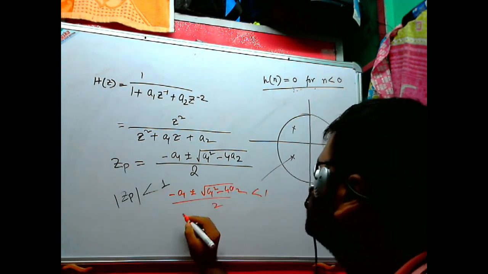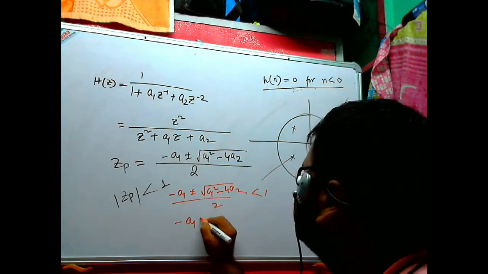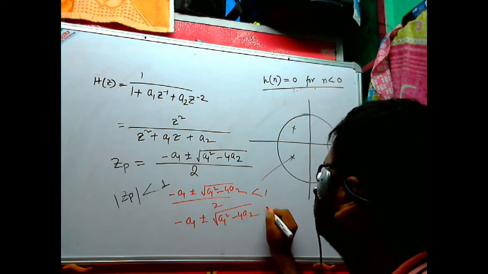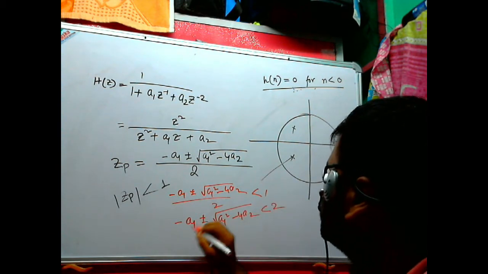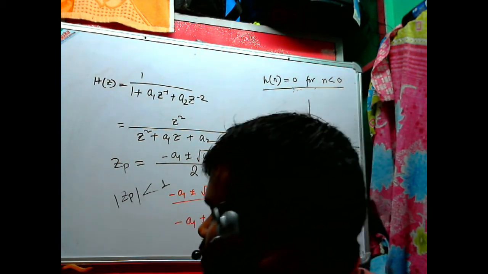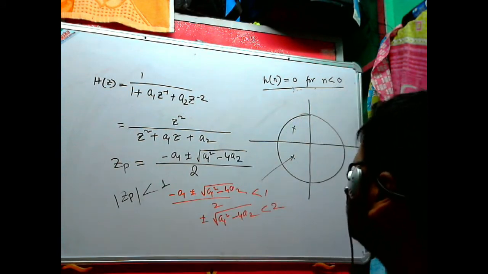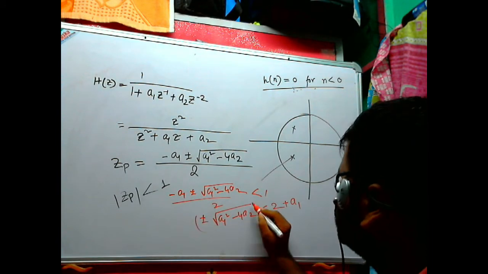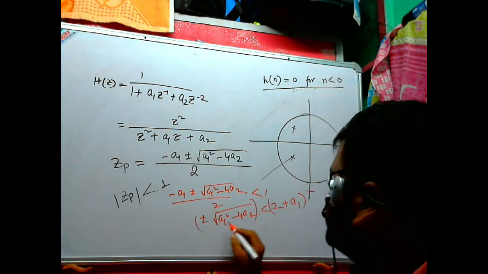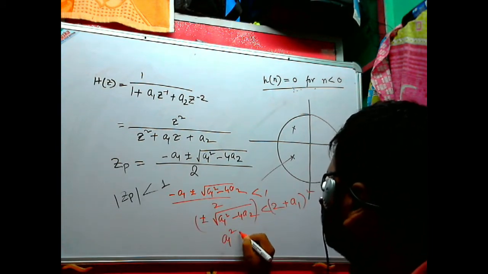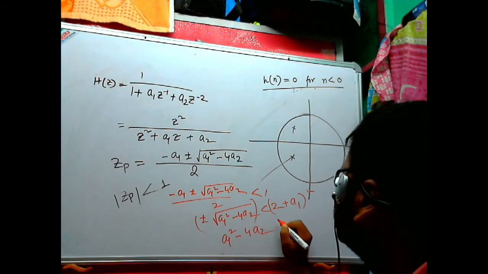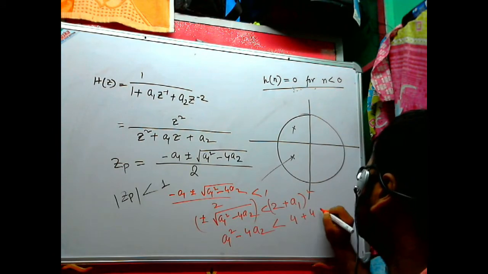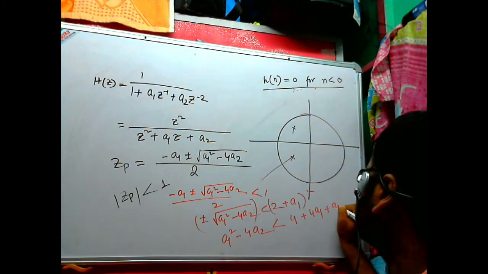Then multiplying by 2, a1 plus minus root of a1 square minus 4 a2 is less than 2. Taking minus a1 to the other side and squaring both sides, a1 square minus 4 a2 is less than 4 plus 4 a1 plus a1 square.